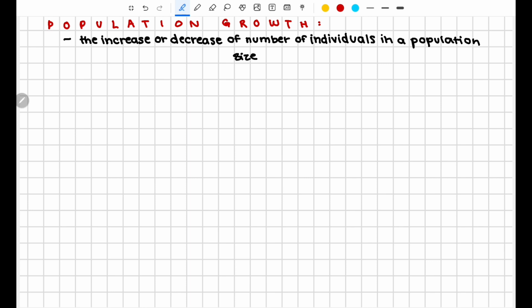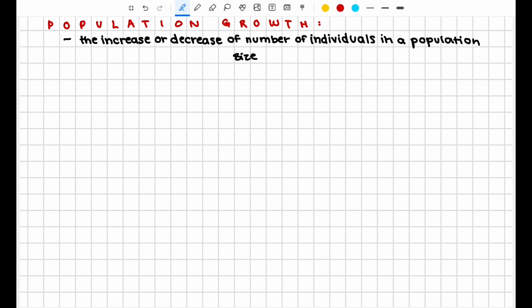So let's talk about the most obvious one, which is that more individuals are being born or more individuals are dying. So those two things can change the population growth. Obviously, if we have a higher birth rate, there's more organisms being born rather than dying, so we're going to get an increase in the population.